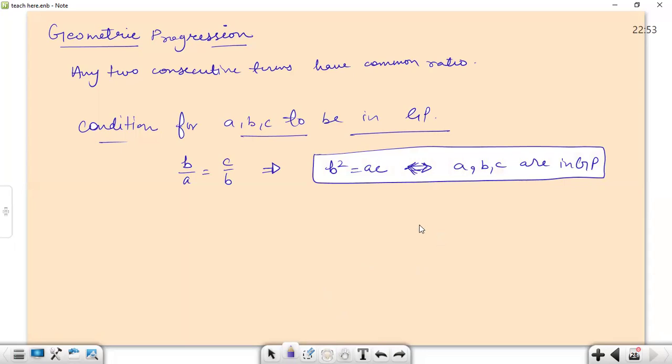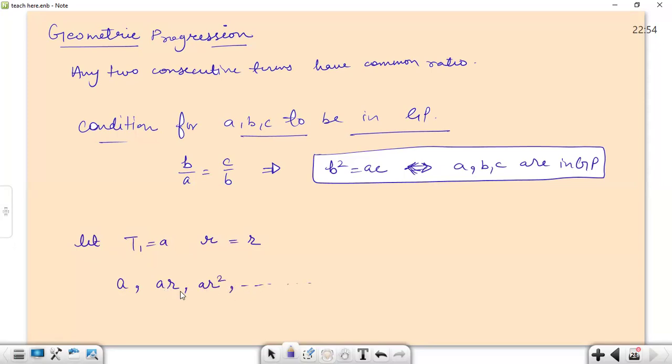Okay, so as we discussed the general term in arithmetic progression, this time also we are going to derive the general term of geometric progression. As always, the first term is important. Let the first term be A, and this time the common ratio is R. The first term will be A, the second term will get multiplied by R, the third term will also get multiplied, and so on.